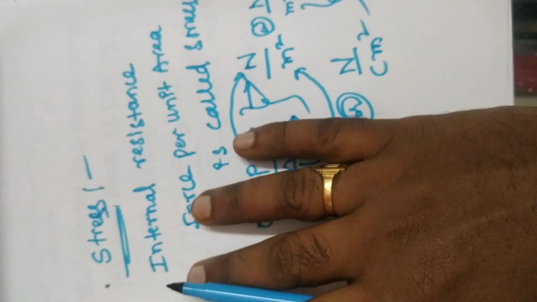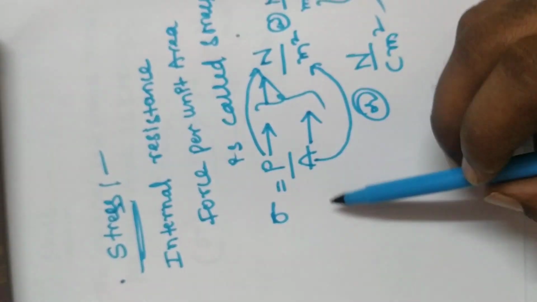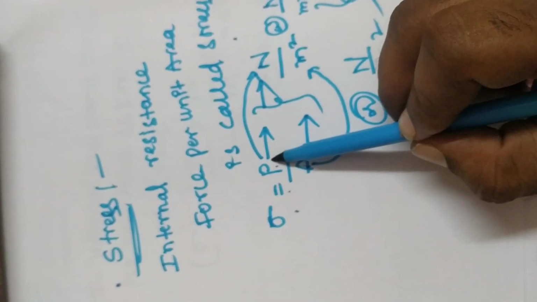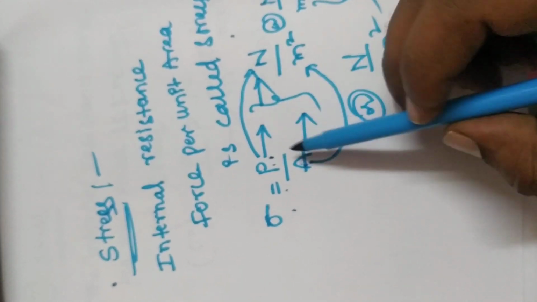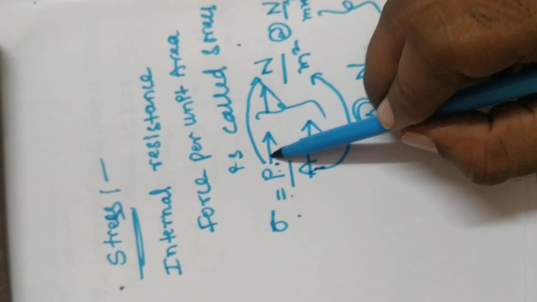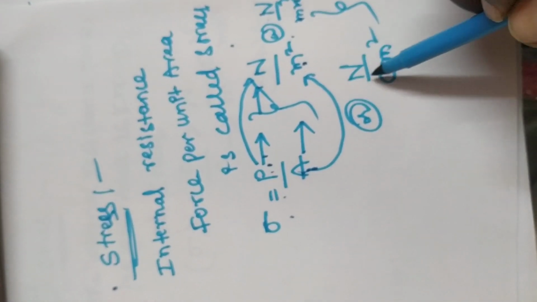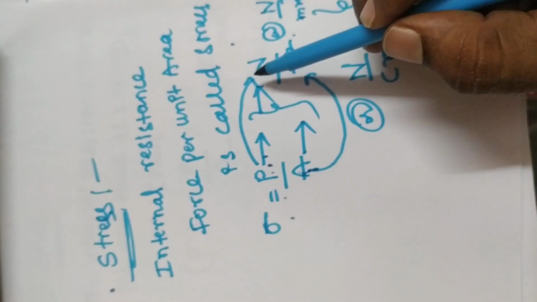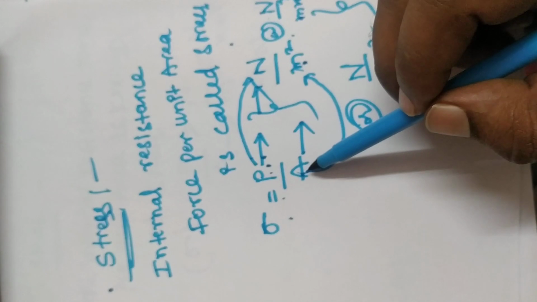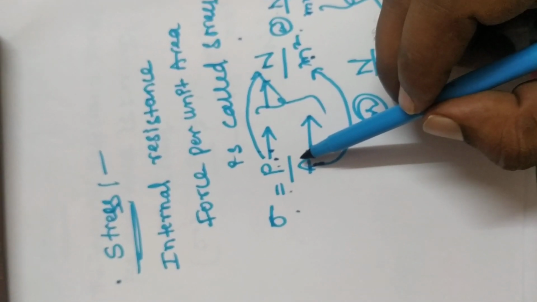Again, the definition of stress: the internal resistance force per unit area is called stress. It is denoted by sigma, sigma equals P by A, where P is the internal resistance force and A is the area of cross section. The units are newton per meter square, or newton per mm square, or newton per centimeter square. Newton is the force unit, and meter square, mm square or centimeter square is the unit of area.